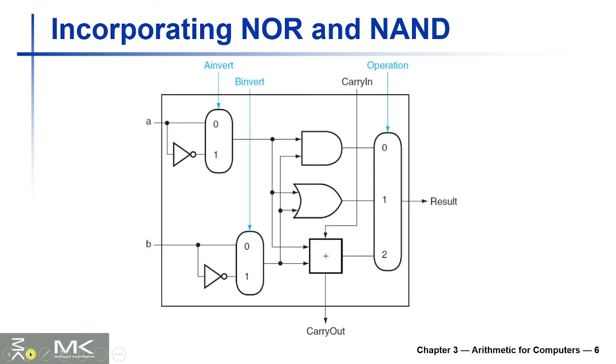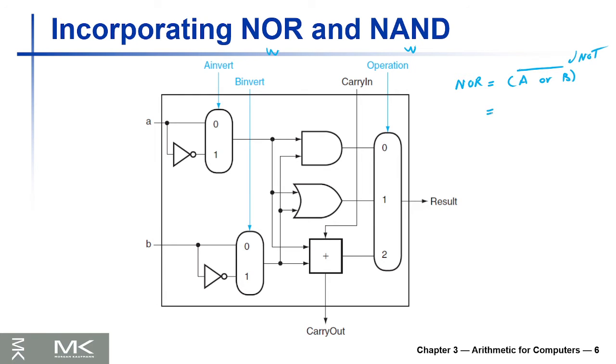Let's upgrade one more. How to do NOR, how to do NAND, using still the same foundation. So what is NOR? NOR is basically A or B complement, or not A or B, that's fine. This is not. Okay?